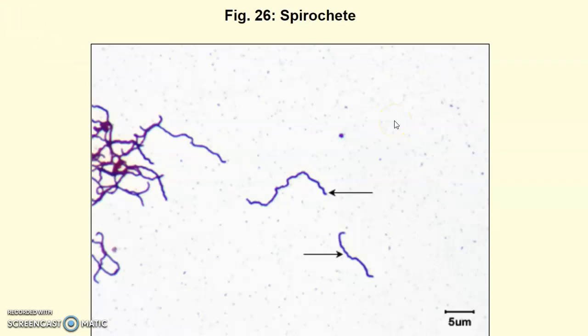Our second type of spiral bacterium is called a spirochete. And you'll notice that we don't see that S shape or that really cute little spiral shape that we see with the spirillum. These are a little bit different and they tend to behave differently.